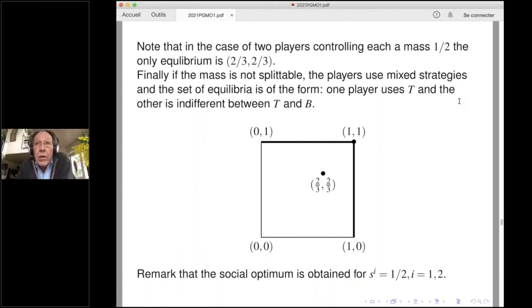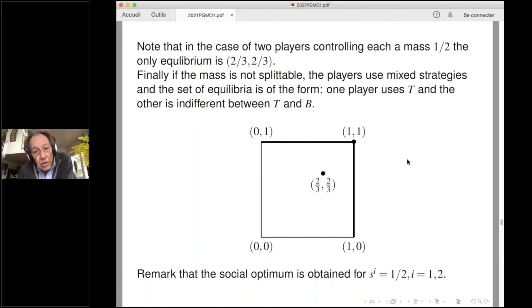The set of equilibria is of the form where one player plays top and the other is playing a mixed strategy. So you see the equilibria in the Pigou games are of the following form. If it's atomless, with populations of size 1/2, it's a population game and the only equilibrium is (1, 1). If it's a two-player splittable game, the only equilibrium is (2/3, 2/3).